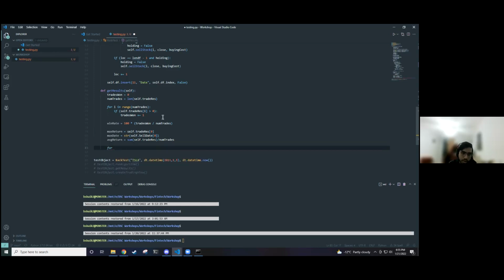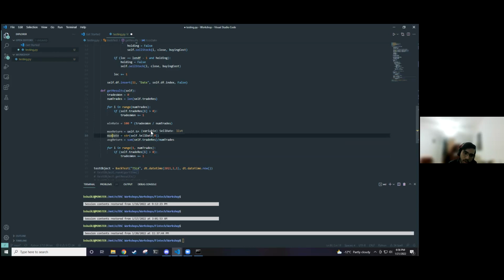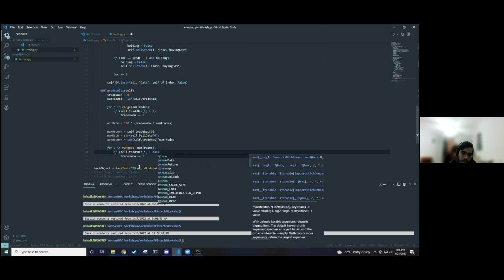Then you do the same type of loop right here to find the maximum. But you go from 1 because you counted the 0th value right here, so you don't need to recheck it for any reason. And here, what you're trying to check is if it is greater than the max return.